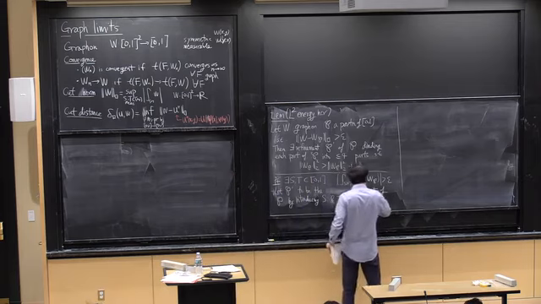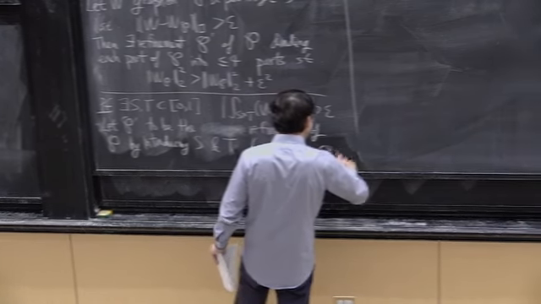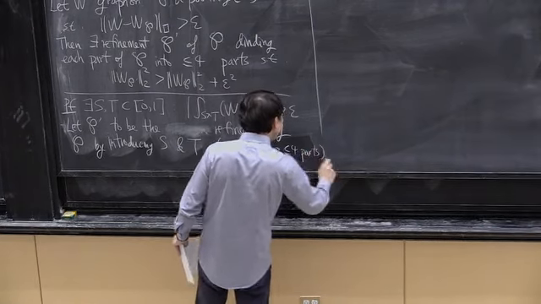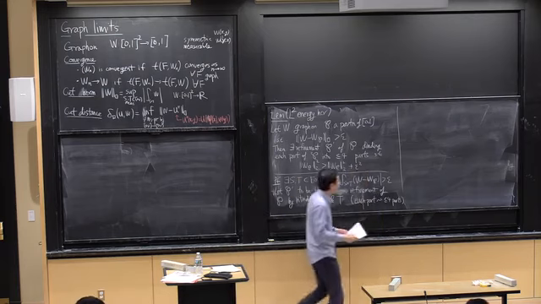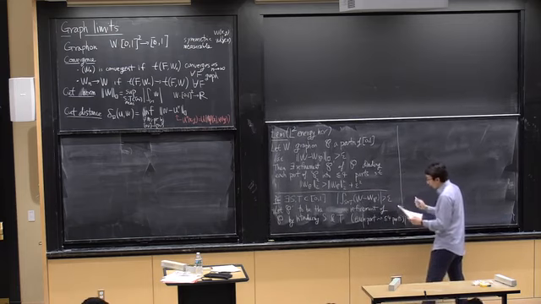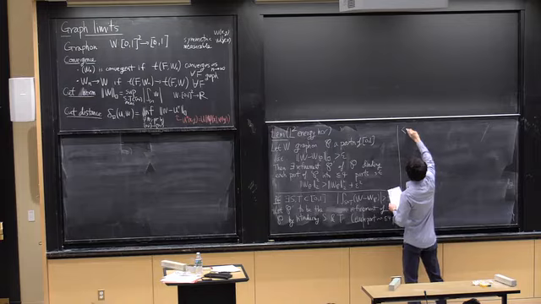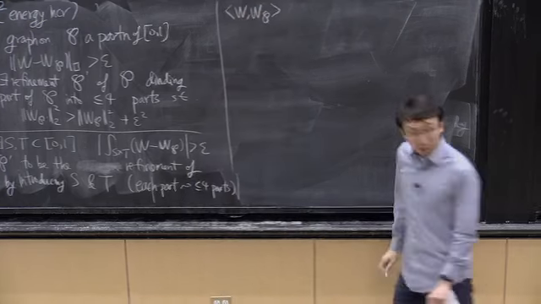And so each part becomes at most 4 subparts. So that's the at most 4 subparts. I now need to show that I have an energy increment. And to do this, let me first perform the following calculation.